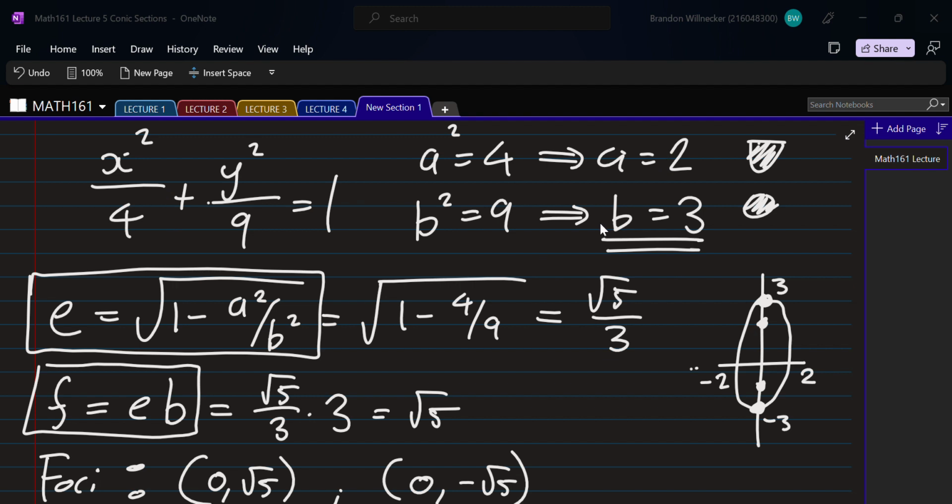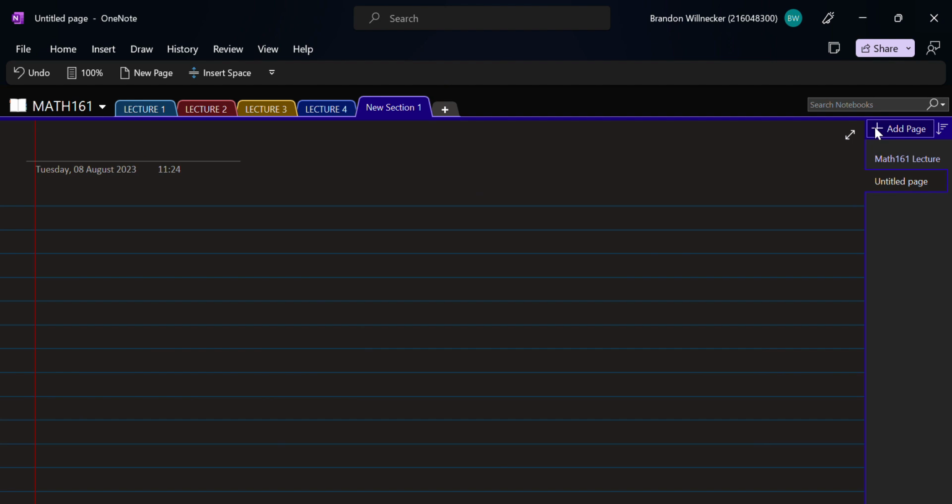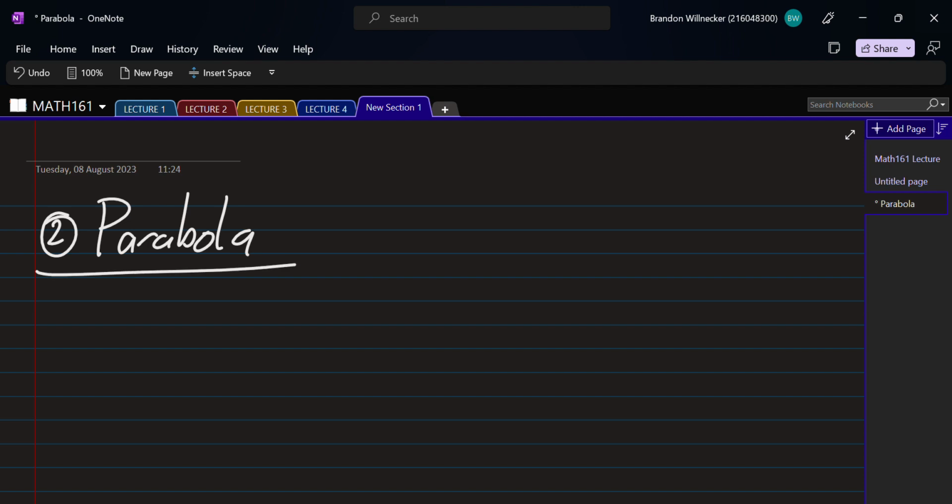Okay, next let's look at an example with a parabola. So number 2, parabola. Let's just write the two standard forms of the parabola so we can see what we need to work towards.